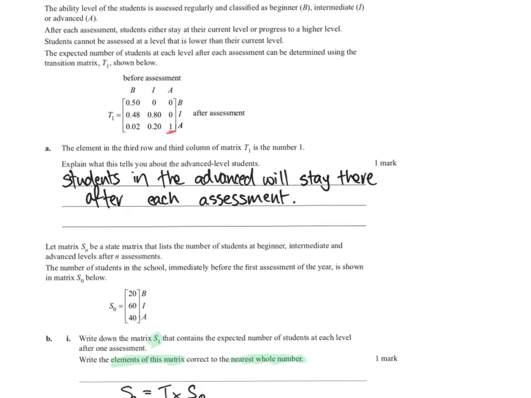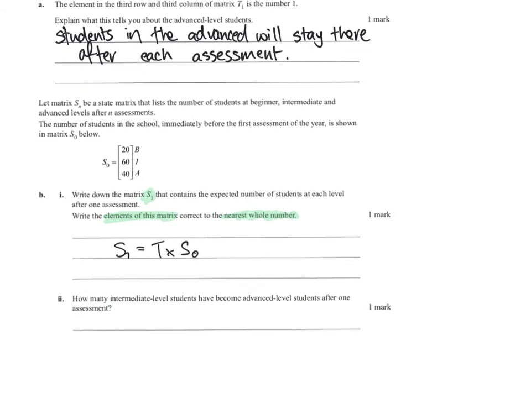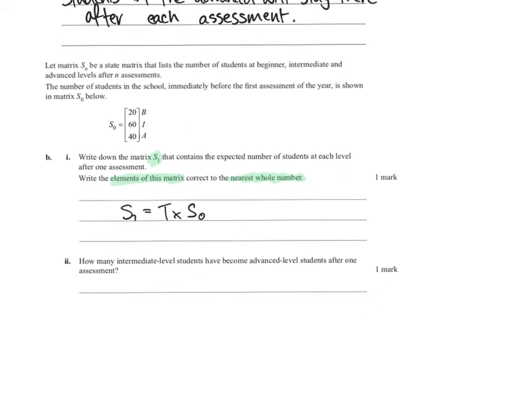All right, so what we're going to do is find S1. To do that, use our transition matrix, and then times the value before, which is our initial state. So in your calculator, you could define this transition matrix up the top as T, and then times it by that initial state. That'll get you S1.